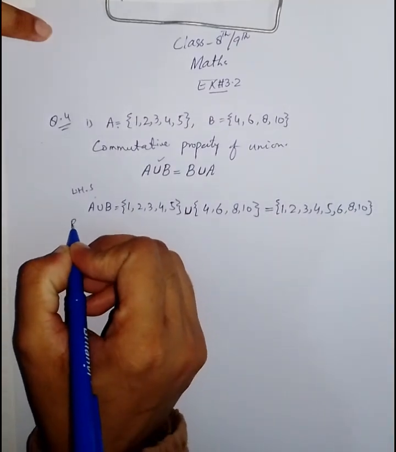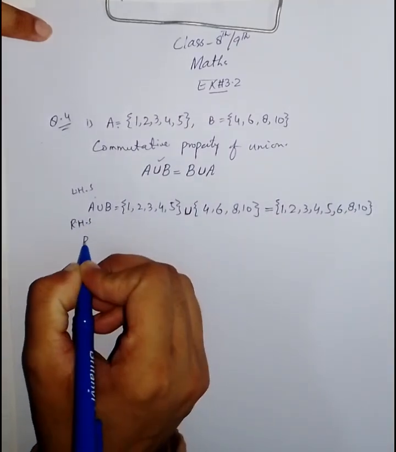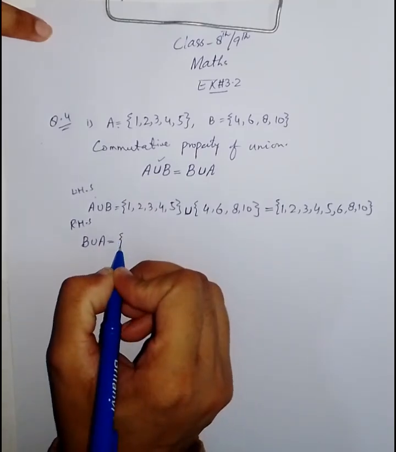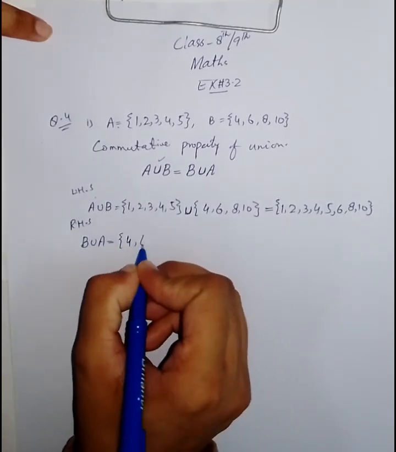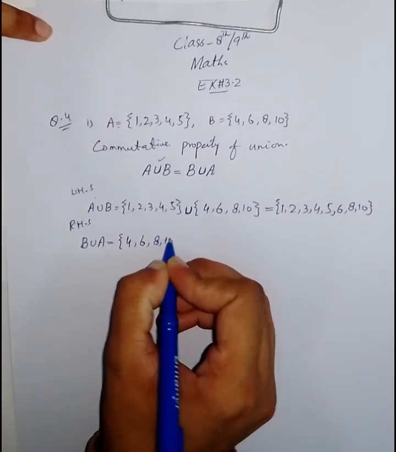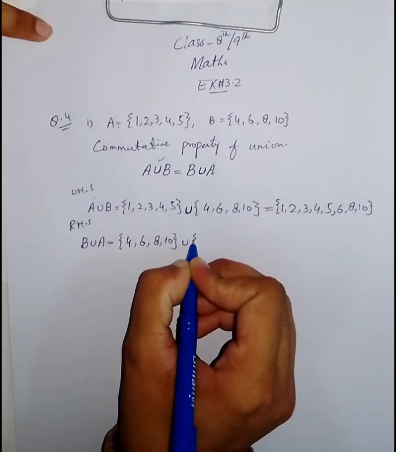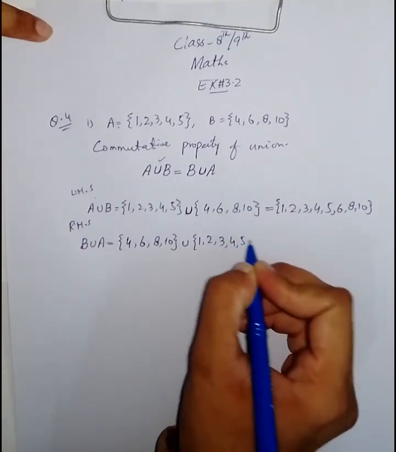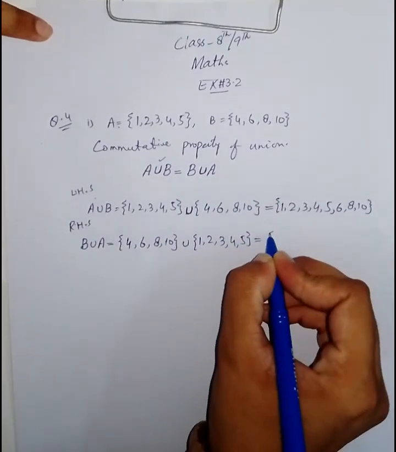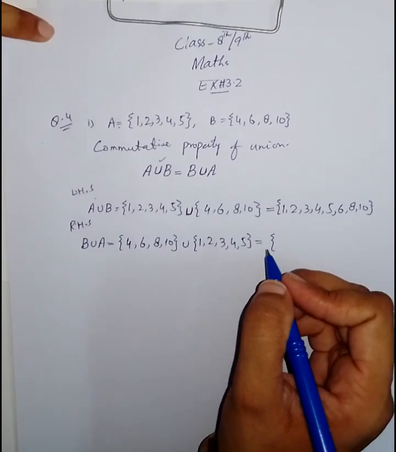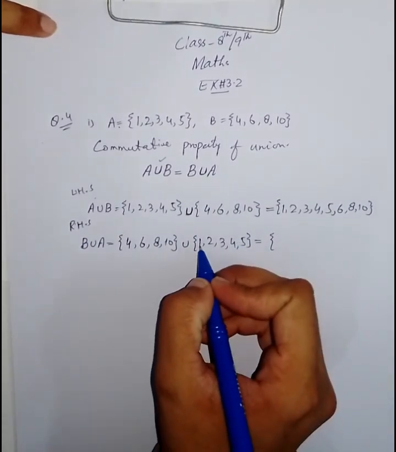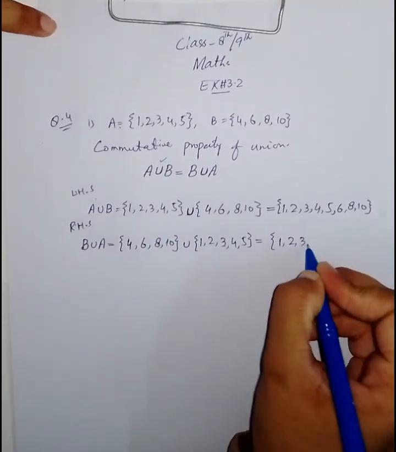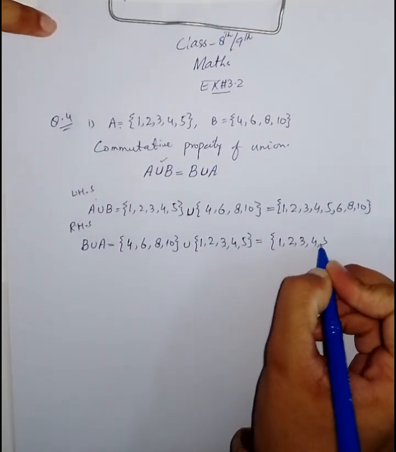Now come towards right hand side, that is B union A. So let's start. Firstly write B. 4, 6, 8, 10. Union A. 1, 2, 3, 4, 5. Now take their union, combine all these elements in an ordered way. So let's start from 1, 2, 3, this one 4, this 5.